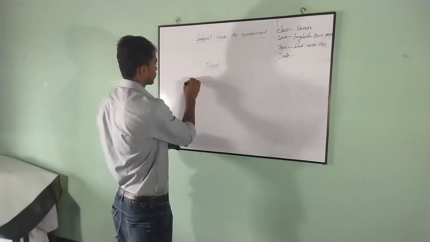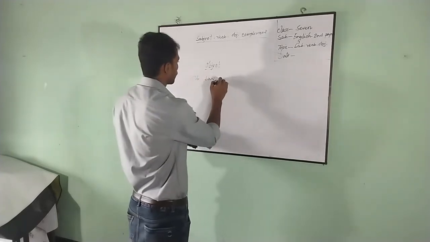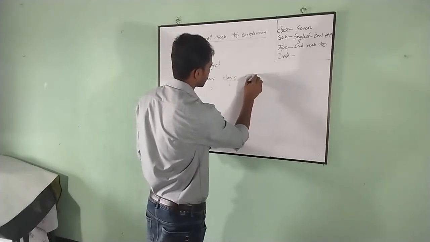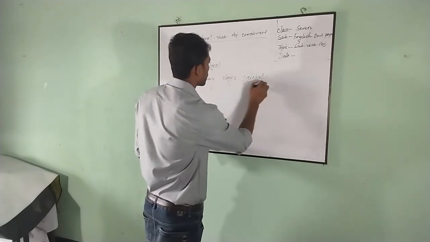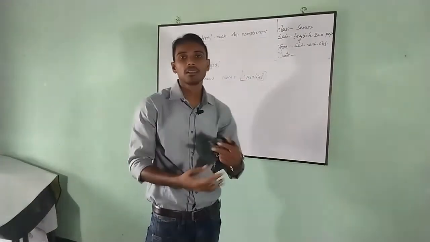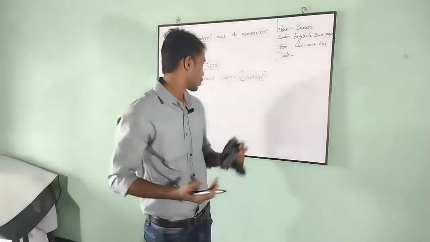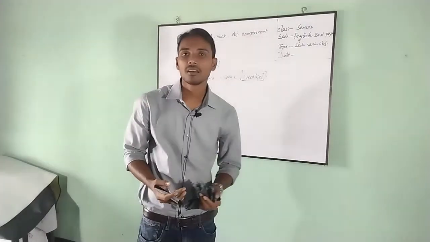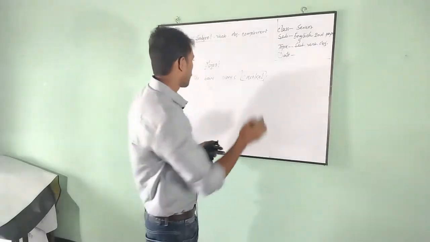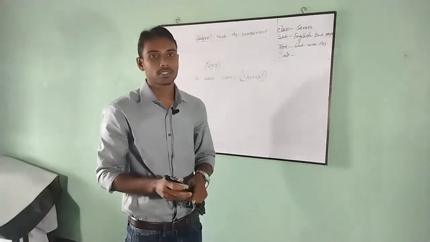Suppose the boy plays cricket. Here we find cricket is a noun. Generally the verb precedes the object. That means the object comes after the verb. Here we find cricket is an object.